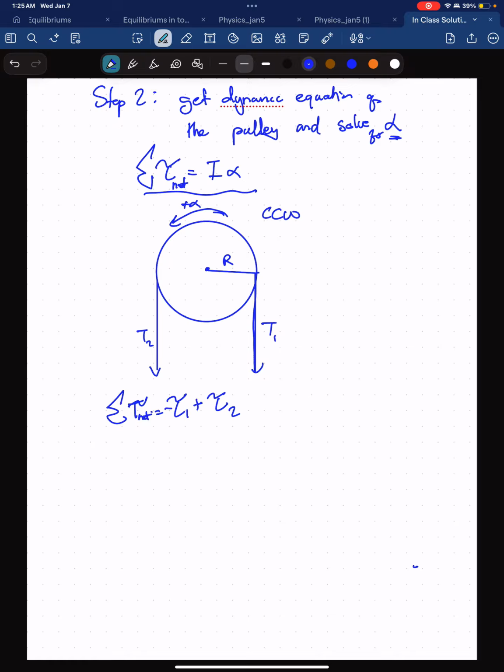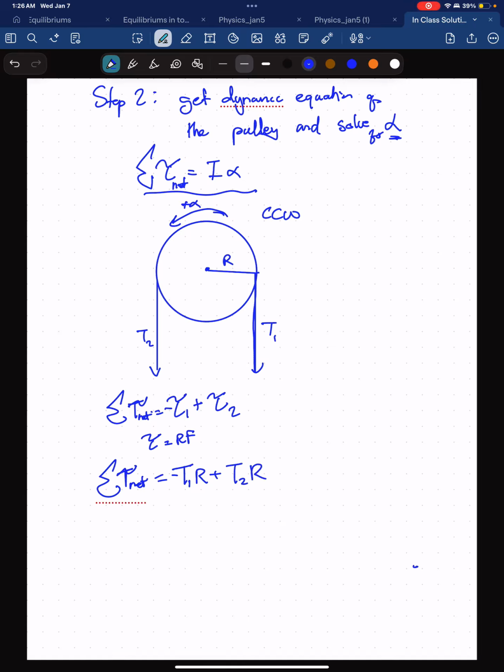And so what's the magnitude of torque? We know that torque is going to be equal to RF, right? So if I write my equation, torque net is going to be equal to minus T1R plus T2R.